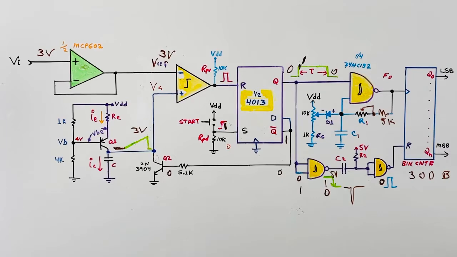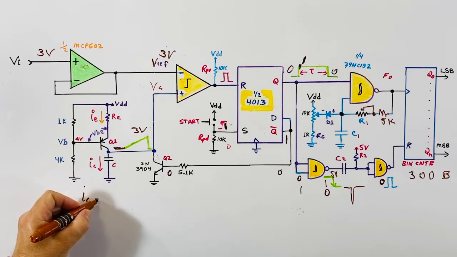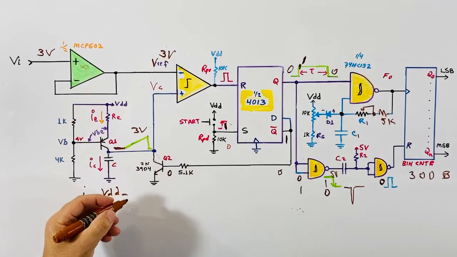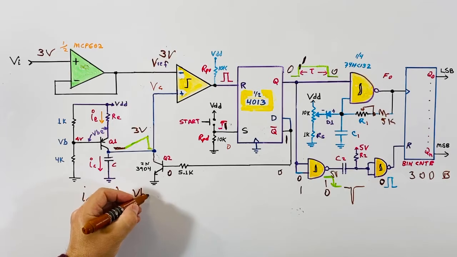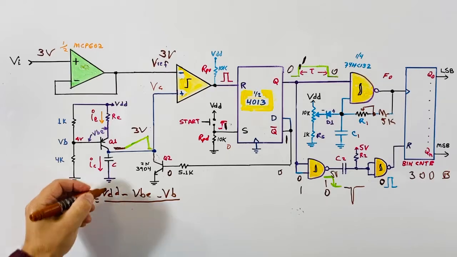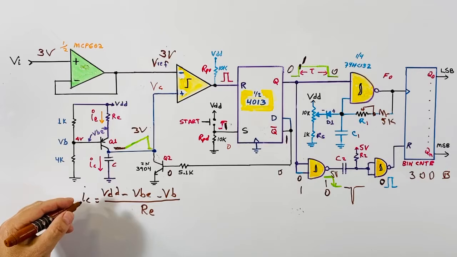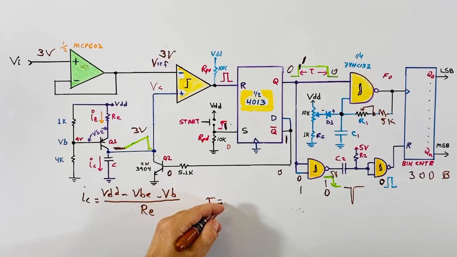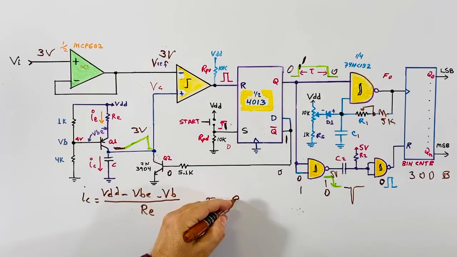And the current that we are getting here is VDD, which is the voltage applied to the transistor, minus VBE, base emitter voltage, minus base voltage, divided by RE. Okay, so we know the constant current or collector current, and the time it'll take for this ramp to charge will be RC.